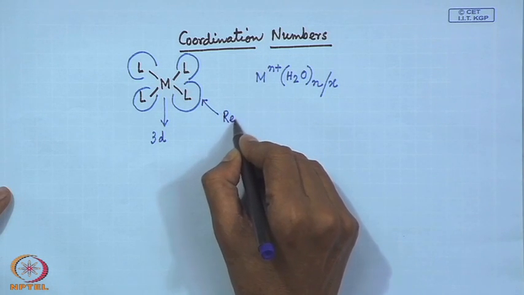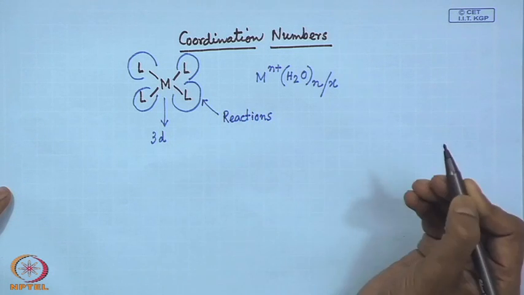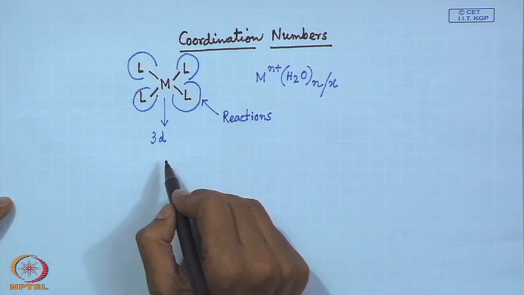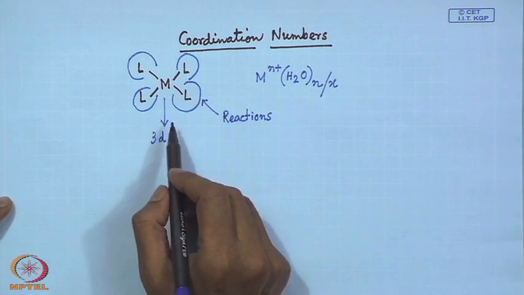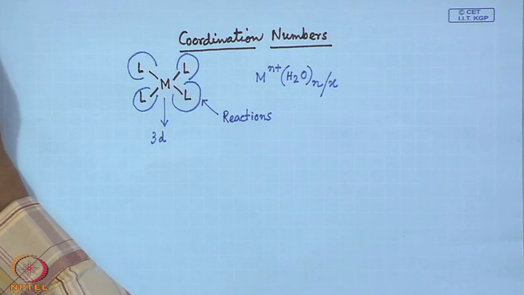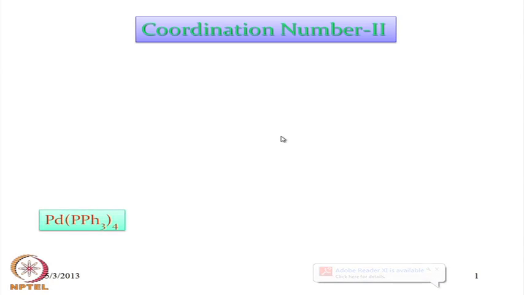So, reactions we can expect from the ligand side, and the electronic properties and other stereochemical properties which can be obtained entirely from the metal center. So, we just see the second part of this coordination number.